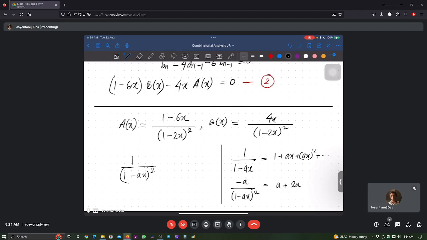Yes. So that should be a plus 2a squared x, and then 3a cubed x squared. Yes, that is correct, and so on.